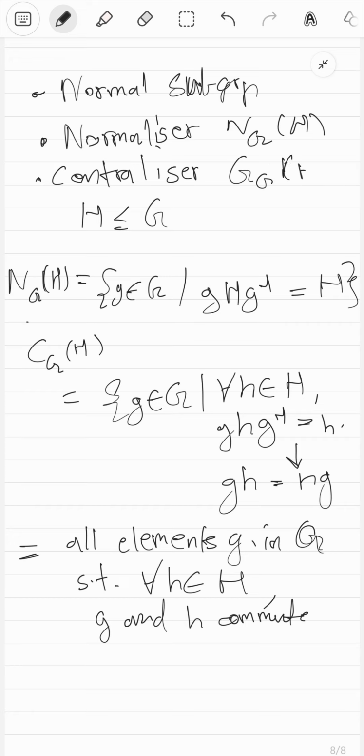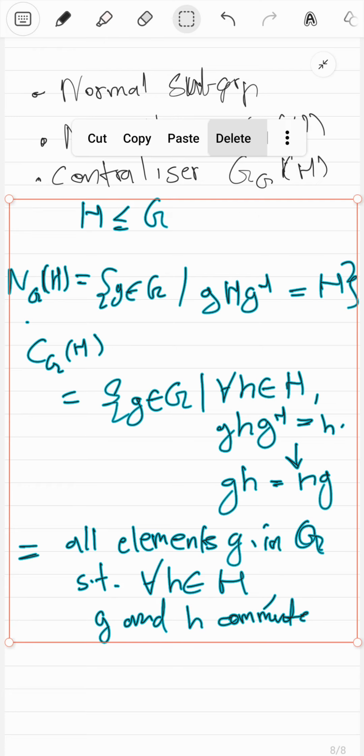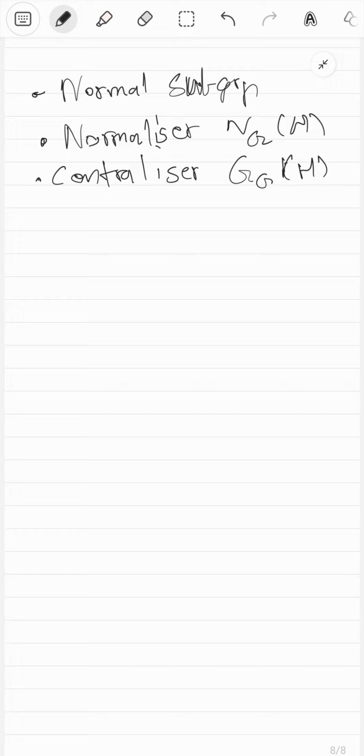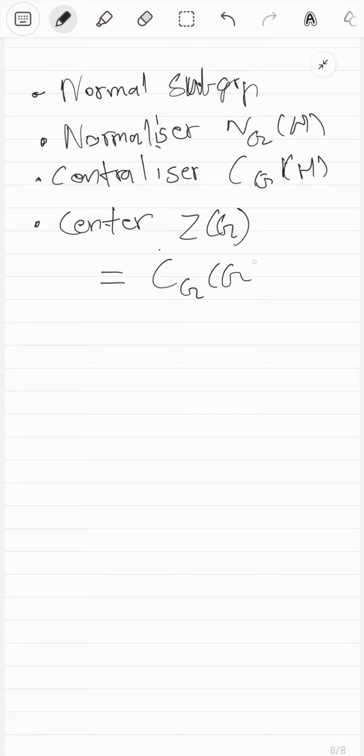Now with the other definition of centralizer, we can define another object. It's called the center of a group, written as Z of G or C of G. I like Z of G sometimes anyway. So it's essentially the centralizer with respect to capital G of the whole group G itself, right?